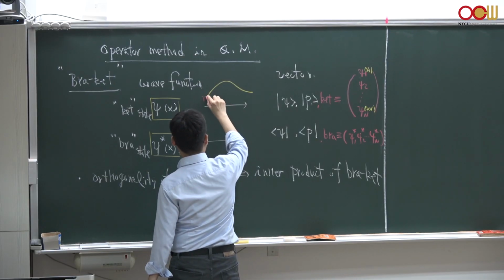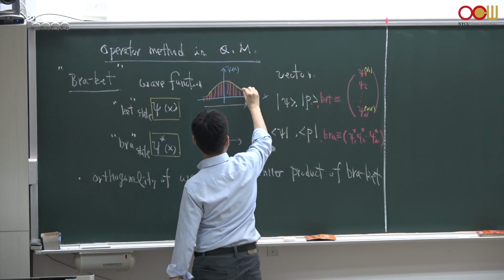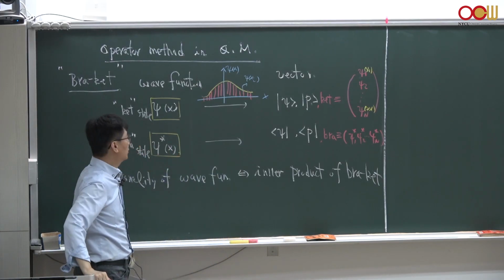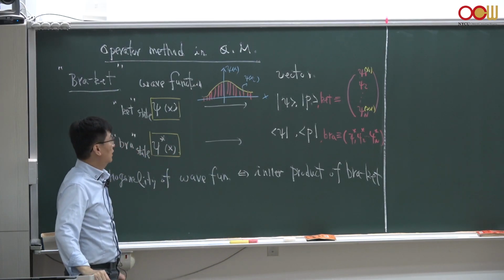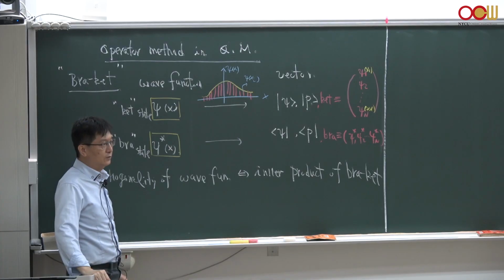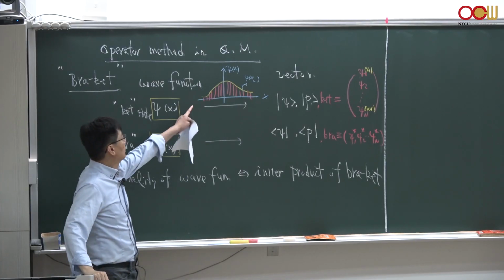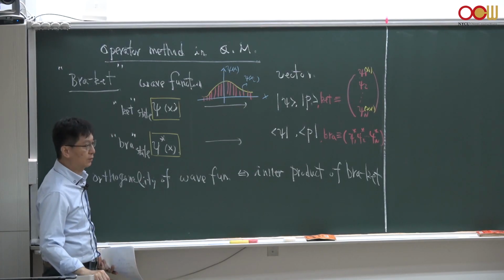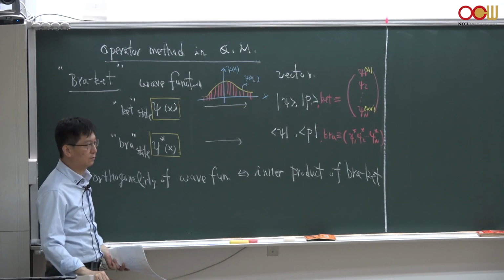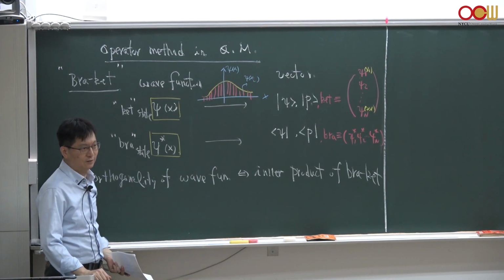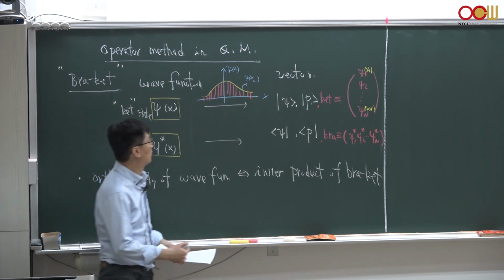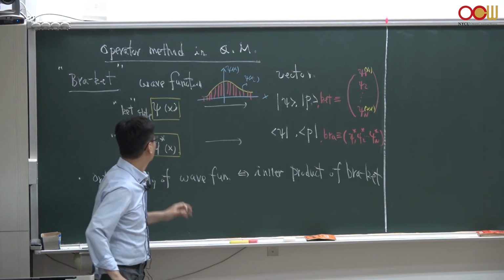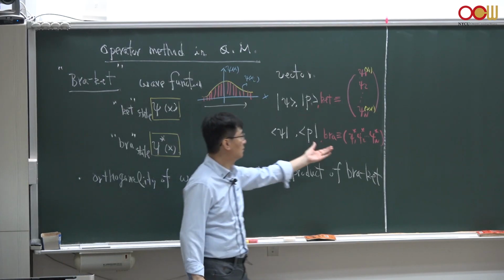You discretize the Schrödinger wave function in terms of an infinite number of values, or matrix elements, and you call this the column matrix for psi, and you call this the row matrix for psi star.